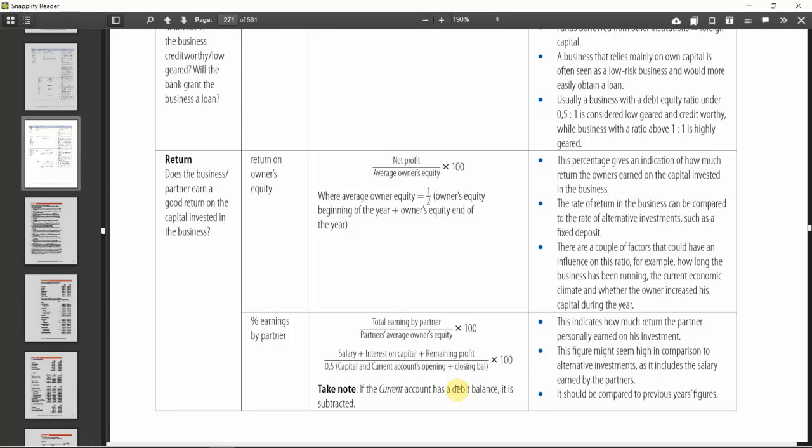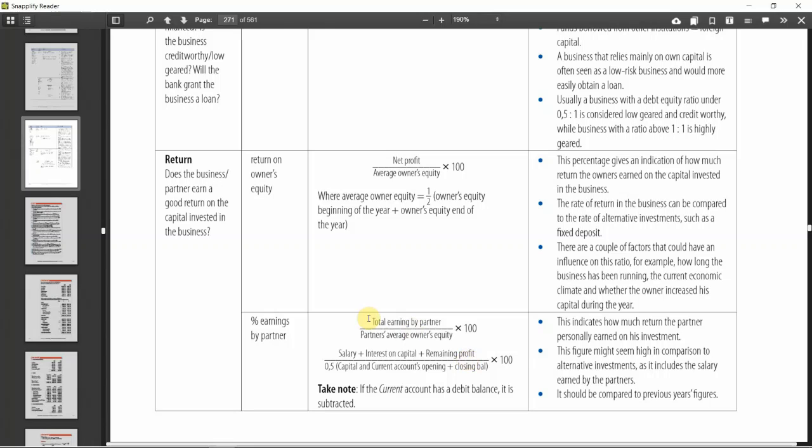When a current account has a debit balance, in other words, the partner owes the partnership, then we subtract that. Obviously also if the profit is negative, we will have to subtract.